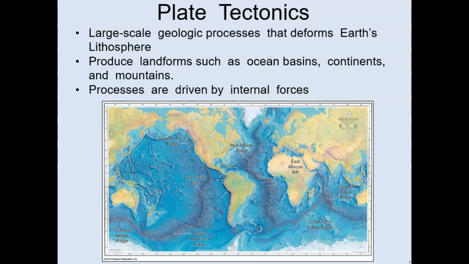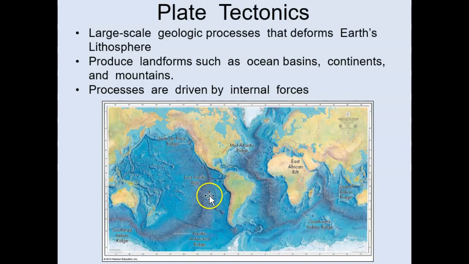So these forces allow material to move from side to side, direction to direction, and up and down within the depths of Earth. Each landform that the plate tectonics processes form is characteristic of a subprocess that is taking place. For example, a mid-ocean ridge, like this one here, is characterized by new material rising up to the surface when two different tectonic plates are moving away from one another.